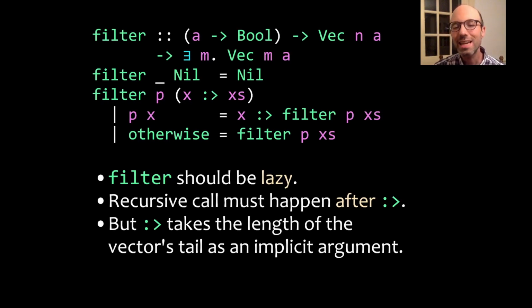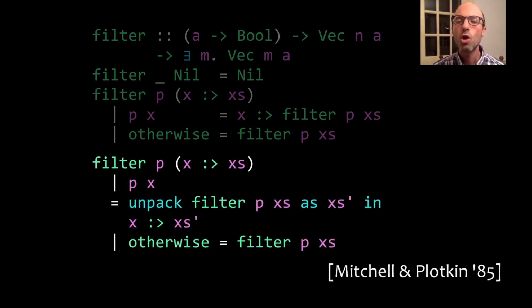So at compile time, it takes the length of the tail. We might imagine taking our nice surface language that doesn't have any packing or unpacking and desugaring it into a core language that does have packing and unpacking. So we might imagine taking the code toward the top of this slide and getting the code toward the bottom.